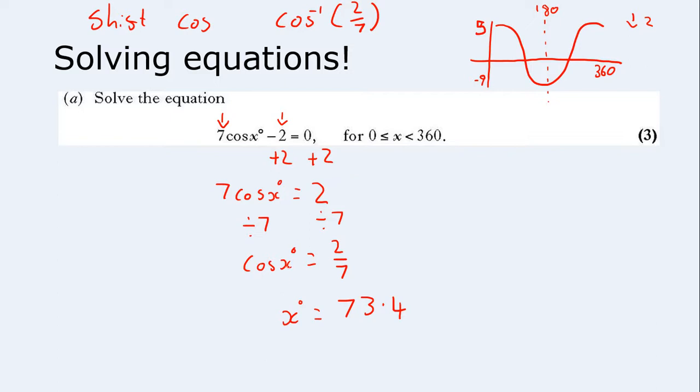I'm just being clear that this is x degrees. I just thought I'd throw that in there just to make sure that we're happy that this is just the degrees notation, just like this would be 360 degrees or 0 degrees. Okay, so we've got 73.4. Okay, that's great. So we've got one of our answers, and 73.4 is this point here.